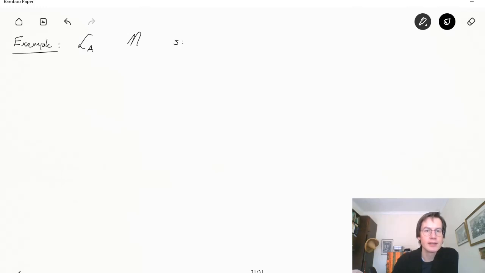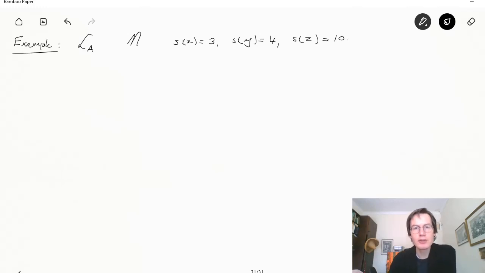Let's say S sends X to 3, it sends Y to 4, and it sends Z to, let's make it, 10.